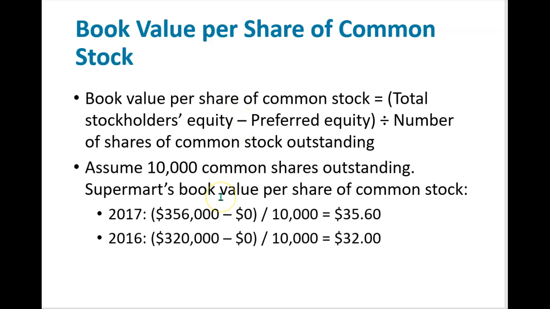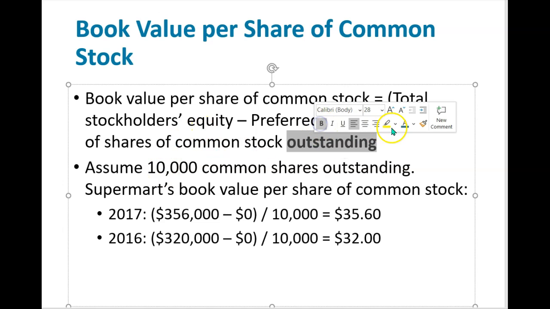Book value per share is pretty straightforward. This is total stockholders' equity minus preferred equity. Remember, total stockholders' equity will be common stock plus retained earnings, divided by the number of shares of common stock outstanding.